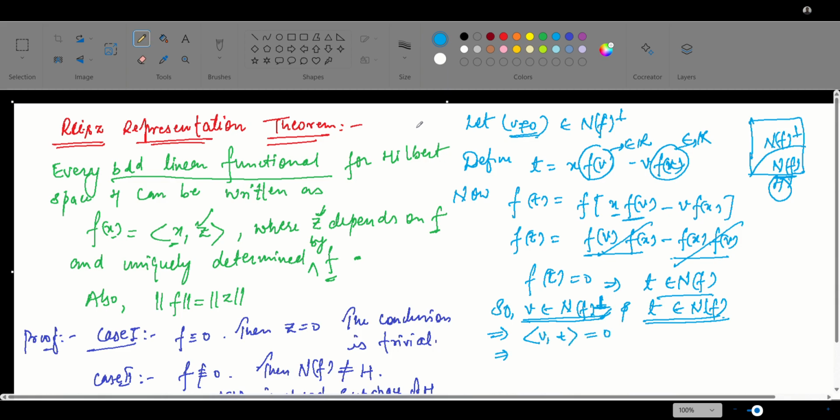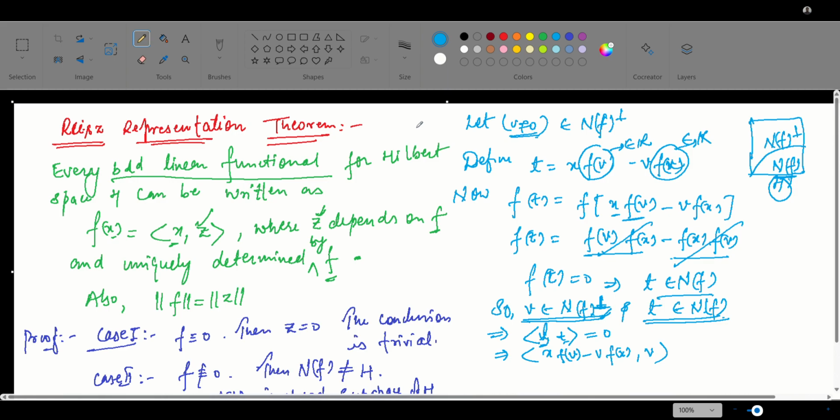So we can write that the inner product of x into f of b minus b into f of x comma b, because the value of t is this, and the value of b is that, we can write like this, right?